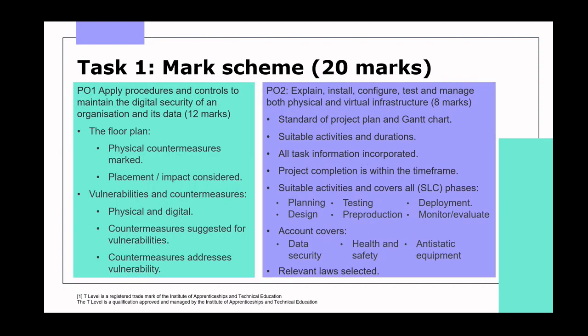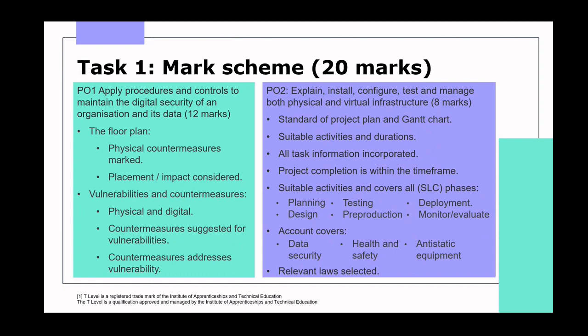Now, when it comes to the students actually being assessed, you will find the descriptors in the sample mark scheme. But what I've tried to do here is just summarize it a bit better for you. So this task is assessing performance outcomes 1 and 2. On performance outcome 1, students should mark the physical countermeasures on the floor plan.